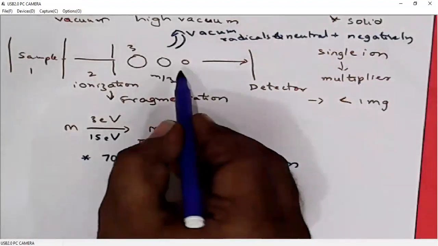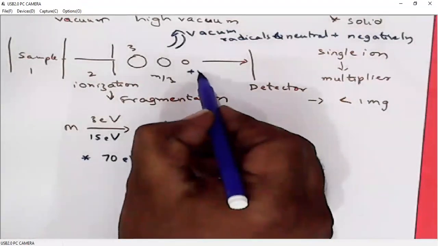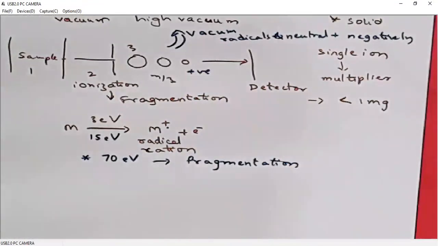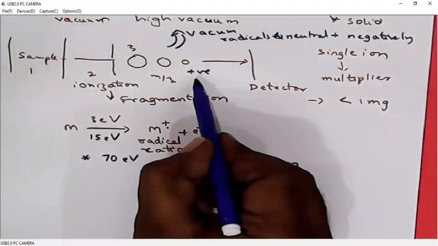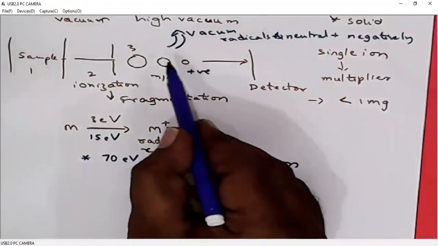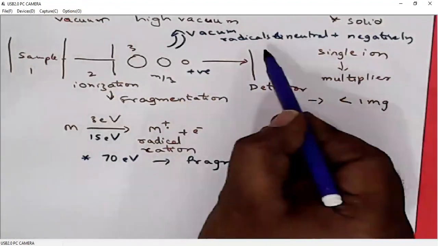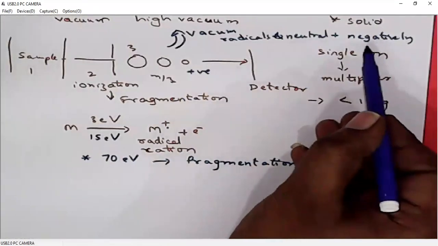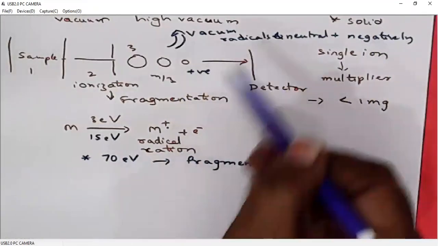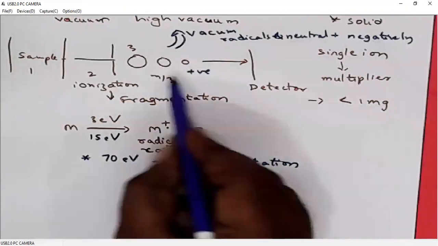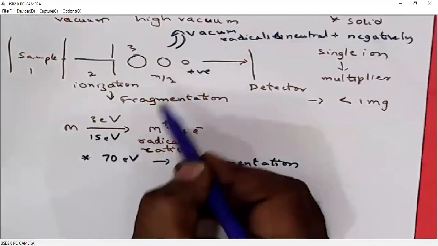Then what is there? Here we have only positively charged molecular ions. So in the analyzer, only positively charged ions are there. All other atoms, radicals, or negatively charged ions will be washed away by vacuum. That is why we are applying very high vacuum in the instrument.